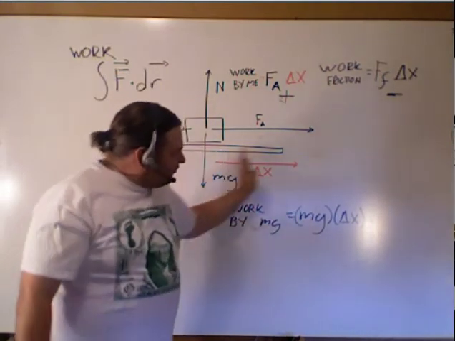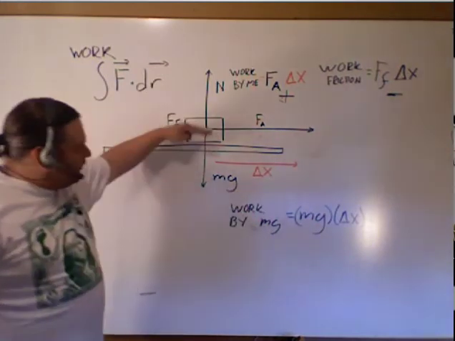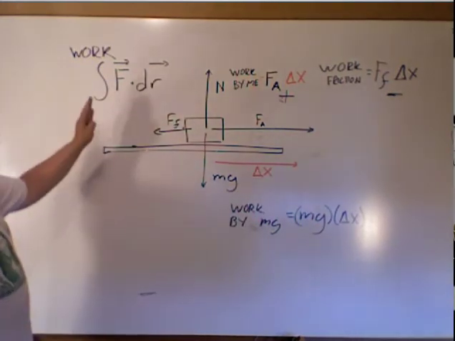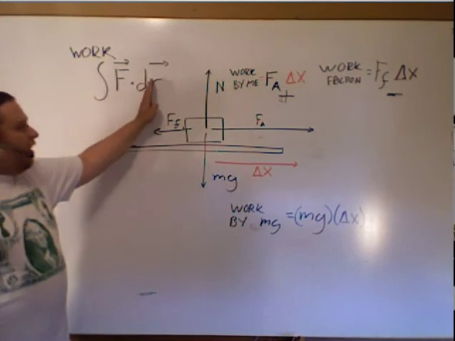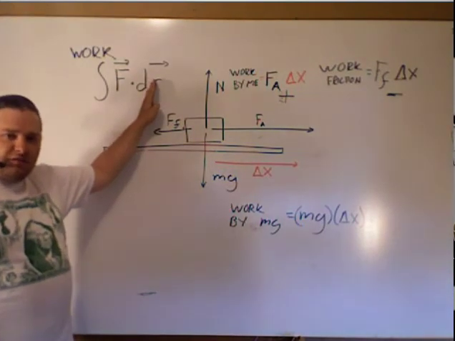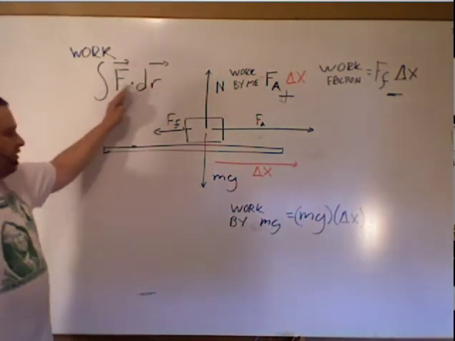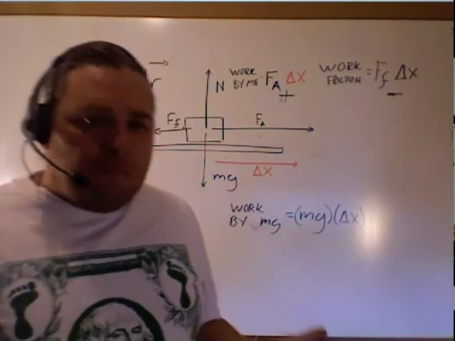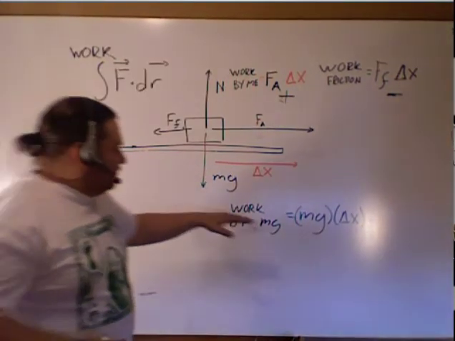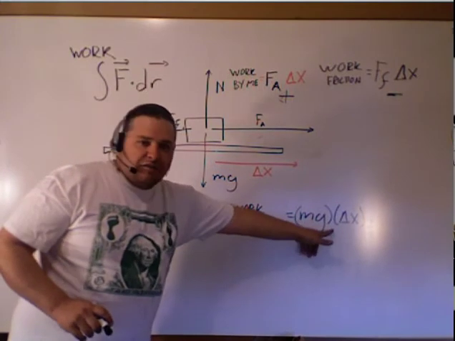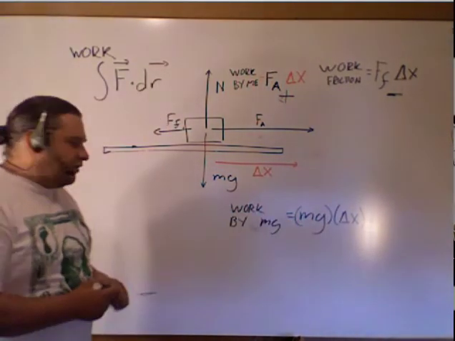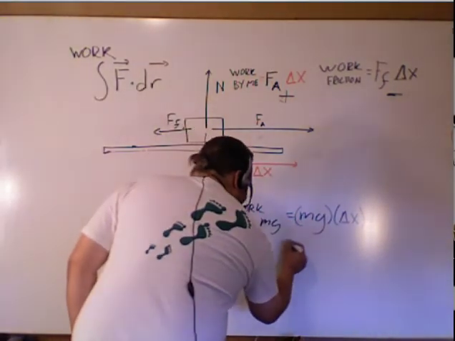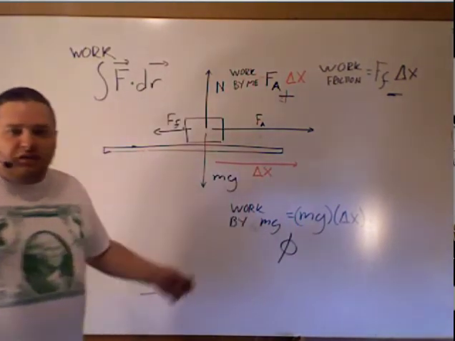Because the displacement is in this direction and gravity is in this direction, we think of all the forces that are in the direction of r, and those are the forces that we're keeping track of. Everything else is not important, because this is not in the direction of this. So it turns out the work that's being done by gravity is zero.